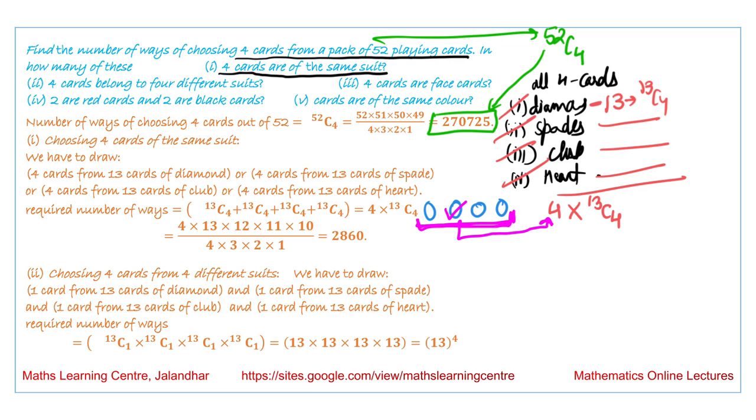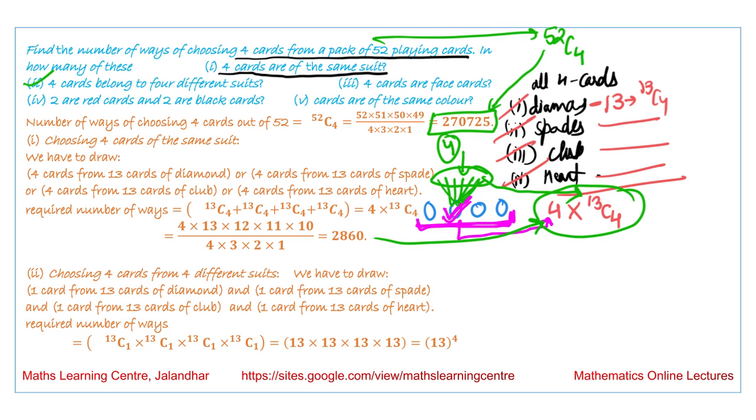Suppose we have chosen any one of these, then in that option we have 13 cards, and out of these 13 cards we have to choose 4 cards. This is the next step. So it is 4 into 13C4, and on solving this we obtain 2860.